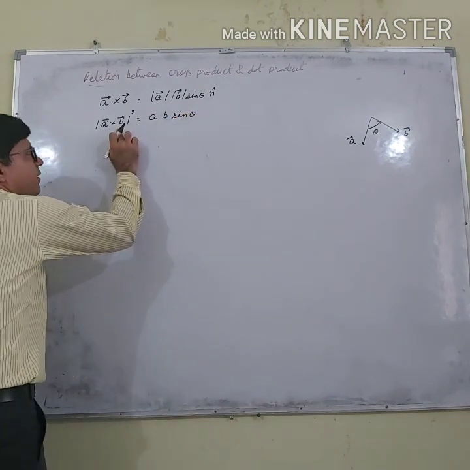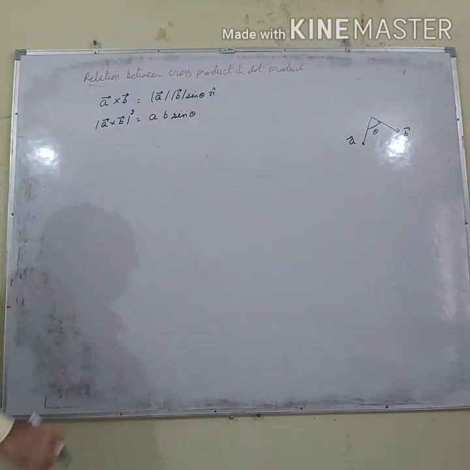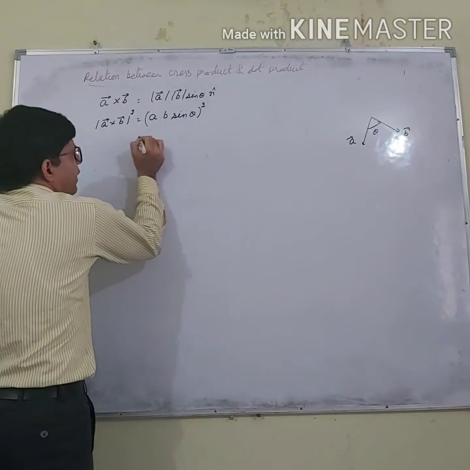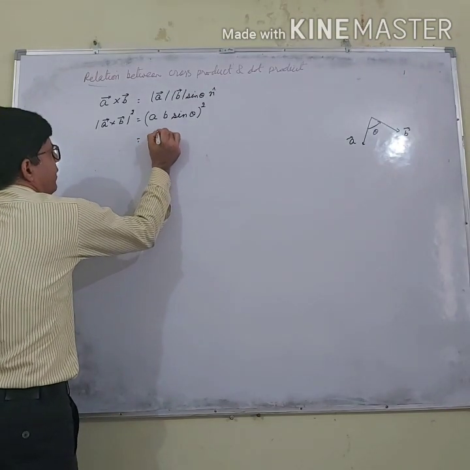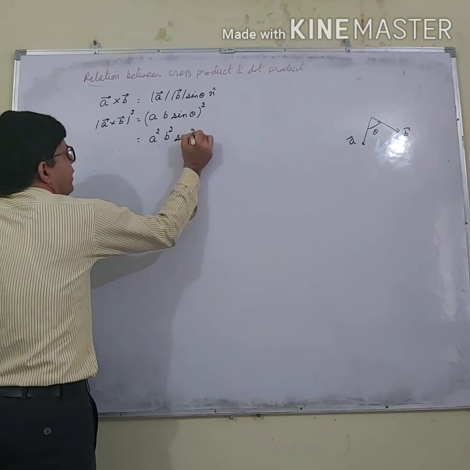Since it is the magnitude, there is no need to show its direction. Now let me put the square: we get A square B square sine square theta.